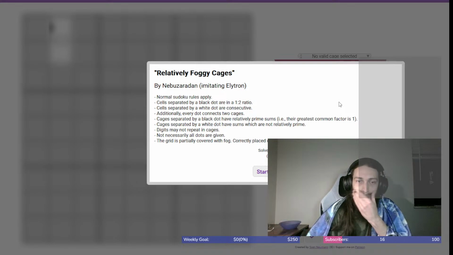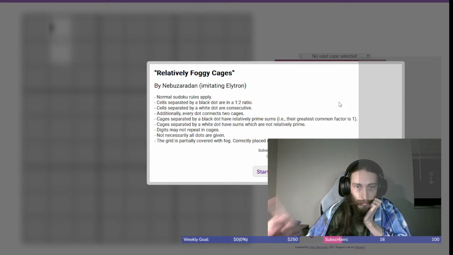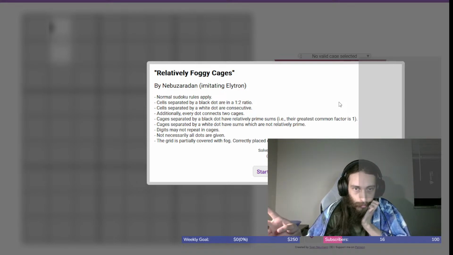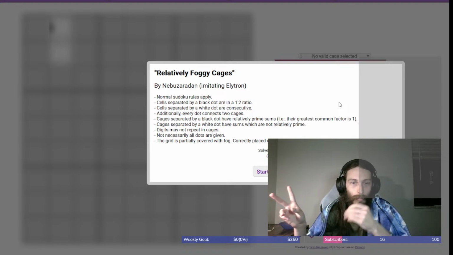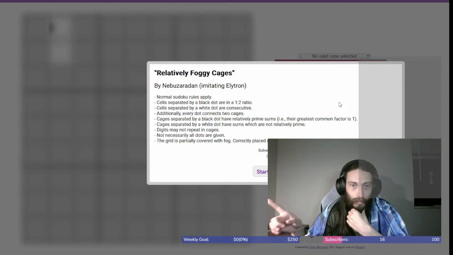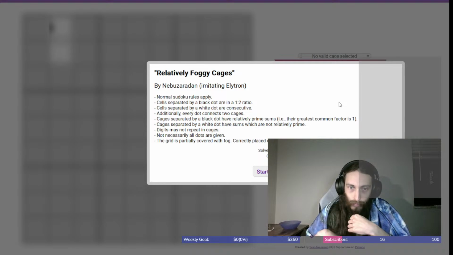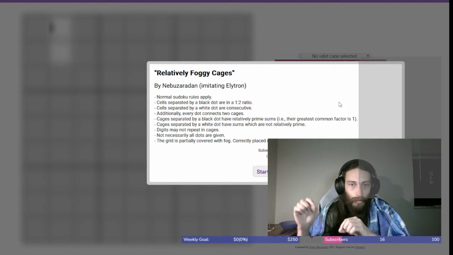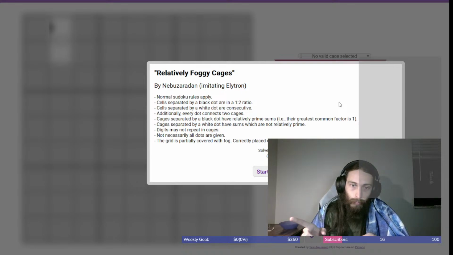So, we still have the usual dot rules, 1:2 ratio and consecutive rules. But dots connect cages, and the sums of the cages are whether or not they are coprime or not coprime.